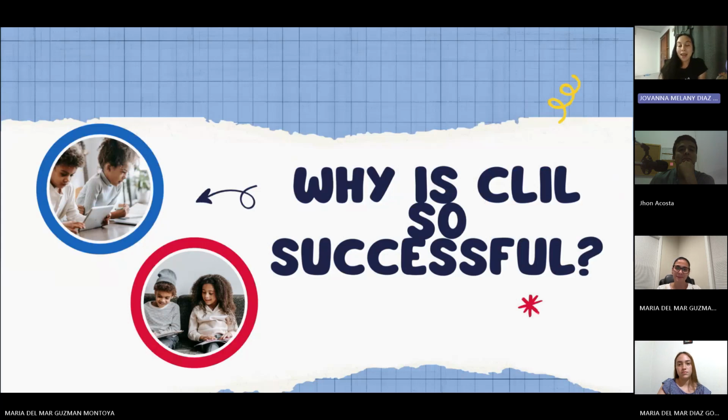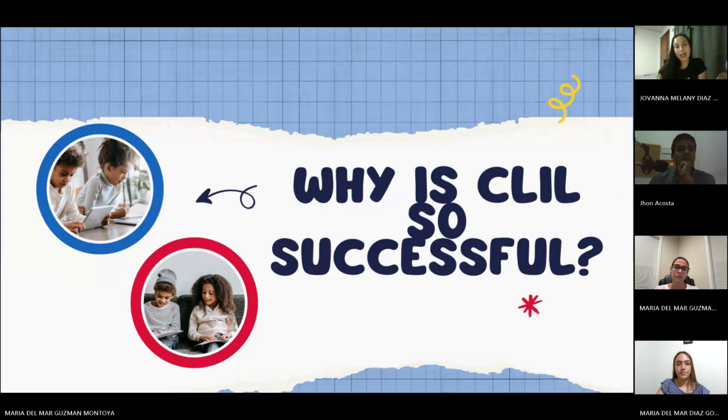Second, CLIL exposes students to academic vocabulary. This is academic language that they would not usually come across even in a basic language class. For instance, revolution or environmental impact are good examples of this.